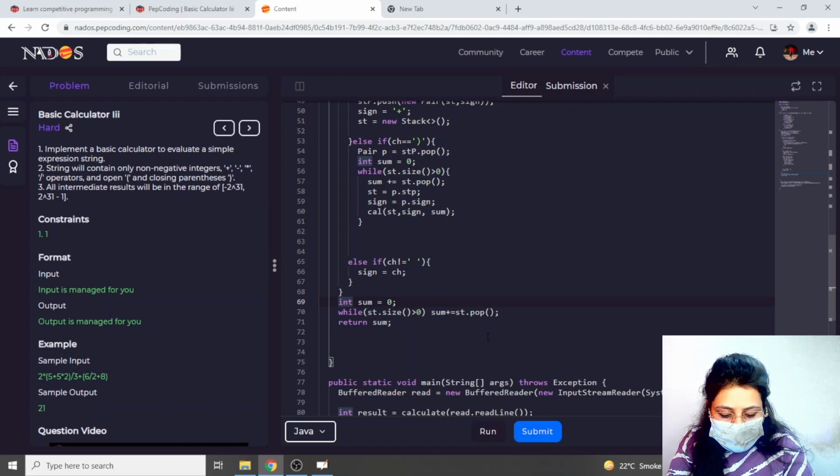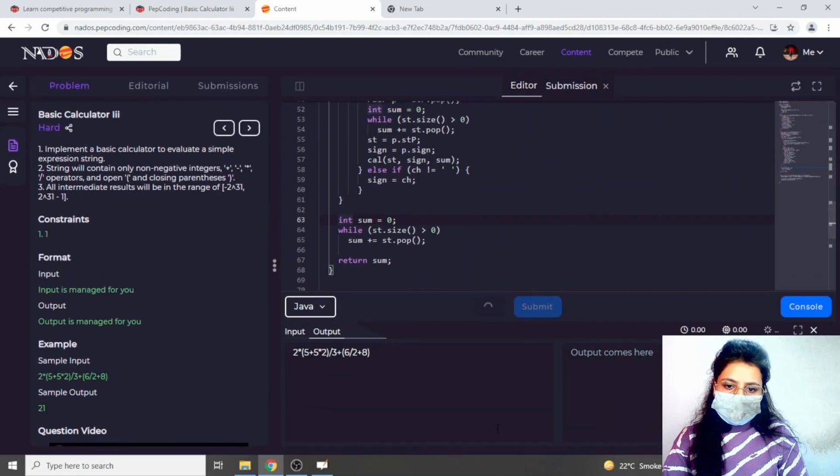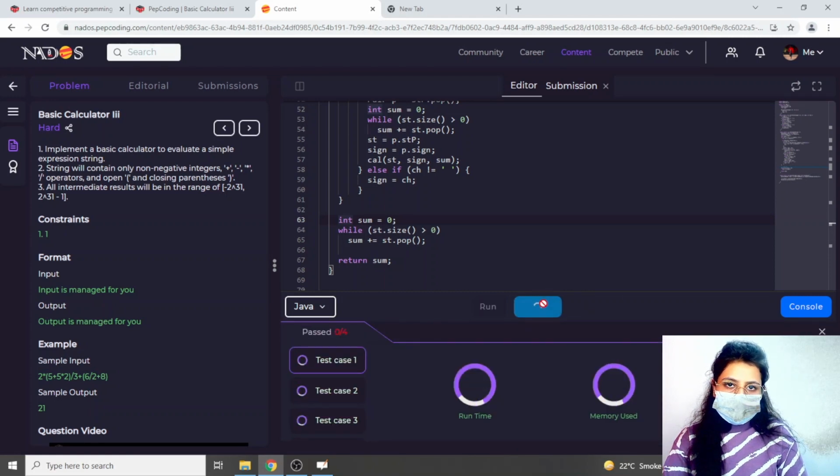Sum plus equals to, yeah, I think the last condition was correct only. The last condition is correct. Let's run this code and see if it's correct or not. So output is coming as expected. Let's submit this code and see if it's correct or not. So all test cases passed.